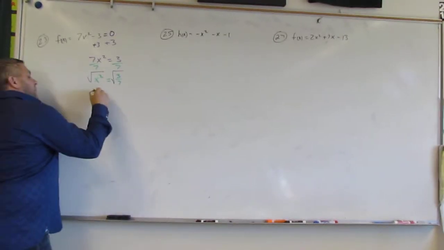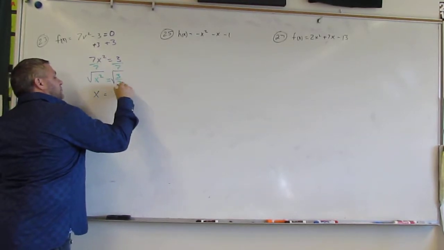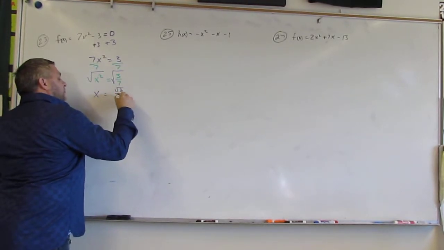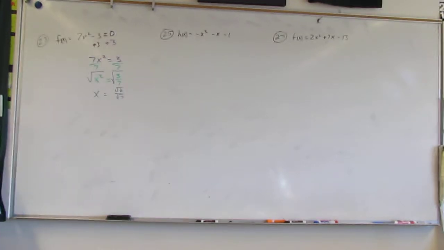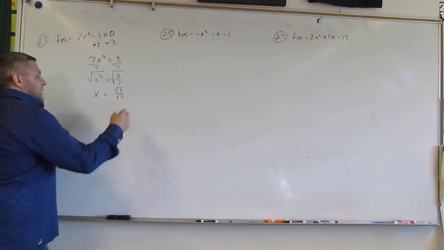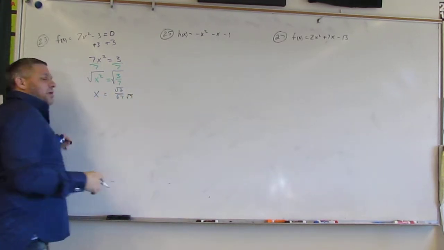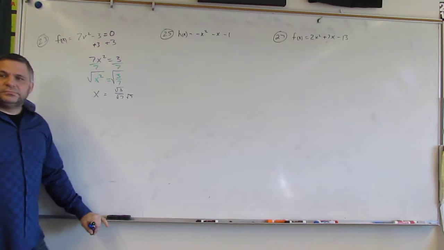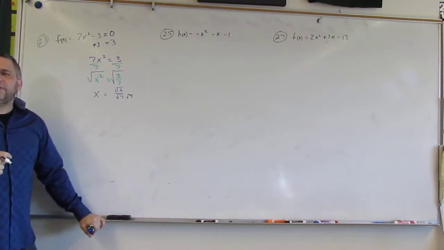So here's the problem. We can't have the square root of 7 in the bottom. So I've got to get rid of that. Okay? But it's not that hard. If I multiply it by itself, right? What's the square root of 49? 7.